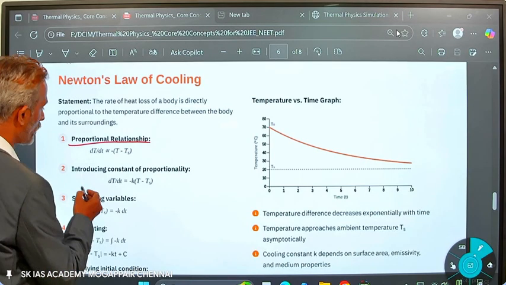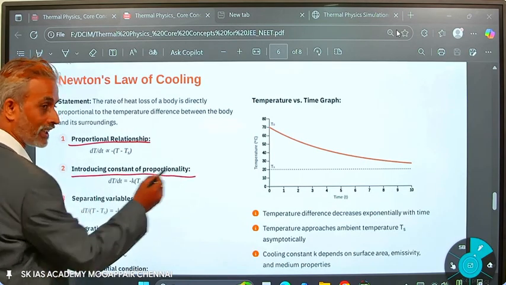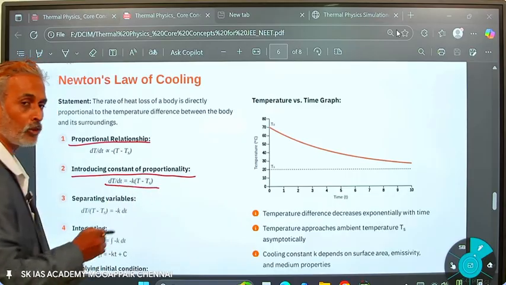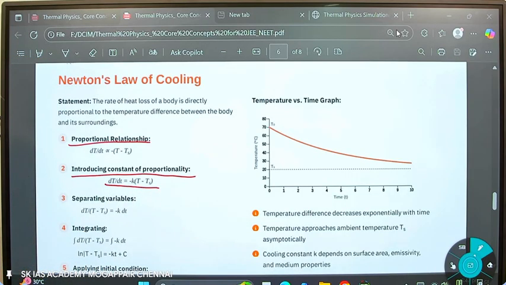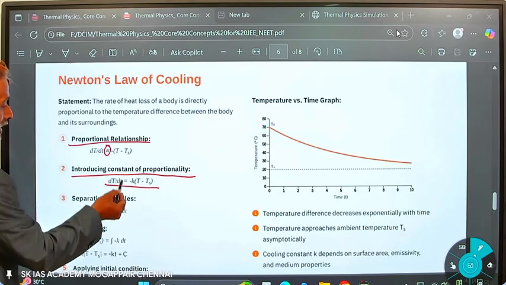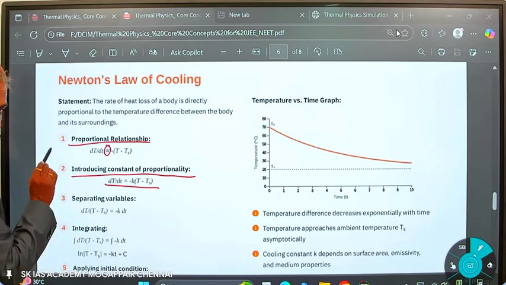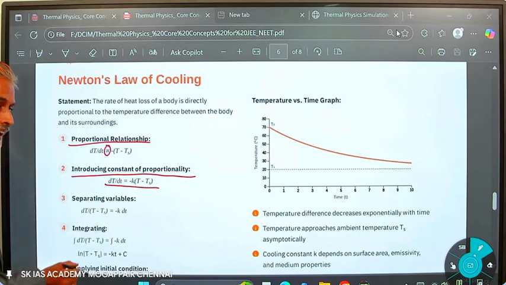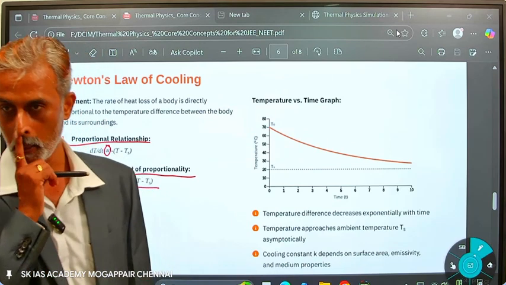Next, introducing the constant of proportionality: dT by dt is equal to minus k into (T minus Ts). After you remove the proportional sign, you put a constant. So dT by (T minus Ts) is equal to minus k dt.